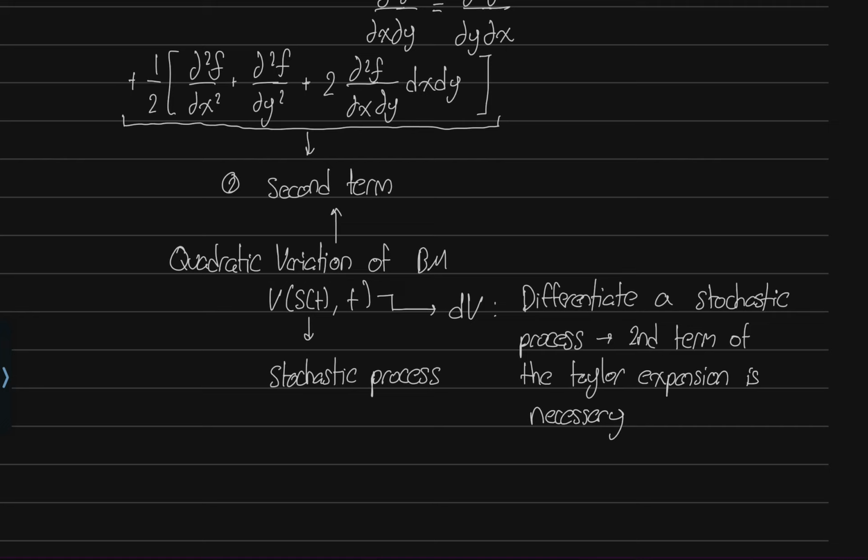And this process of differentiating a stochastic process actually has a name, and that would be discussed in the next video, and that's called Ito's lemma.